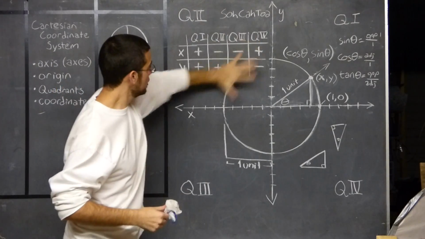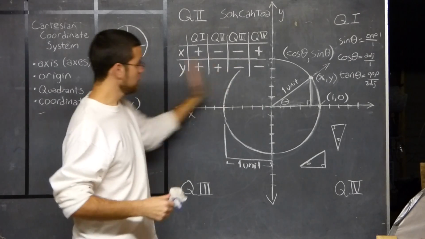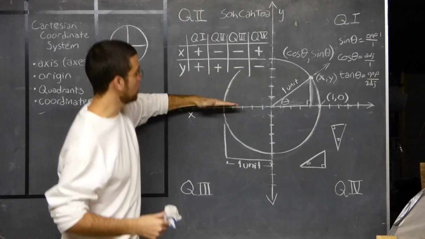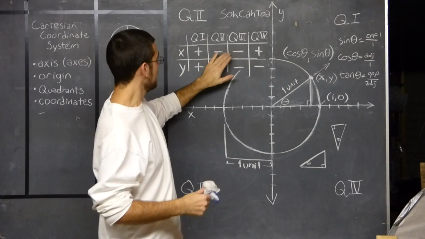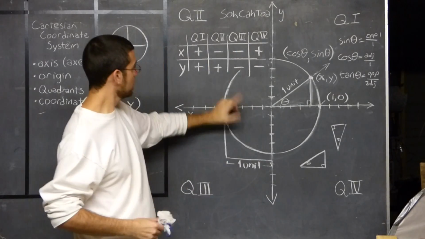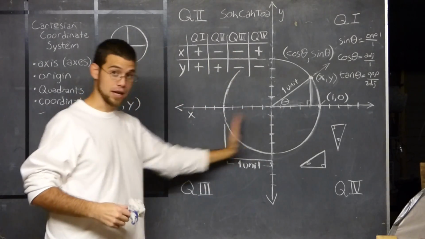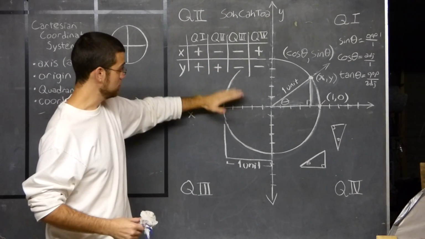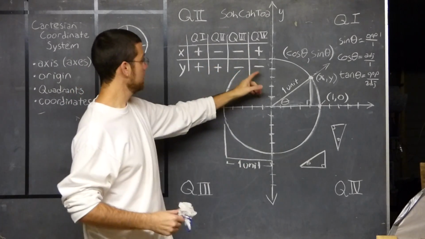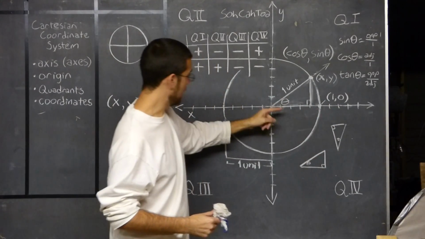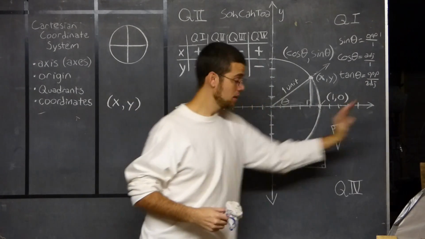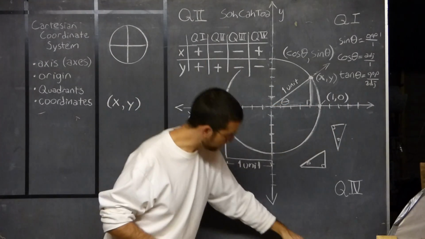In quadrant 2, x values are negative, y values are positive. In quadrant 3, x values are negative, y values are negative. And in quadrant 4, x values are positive and y values are negative.